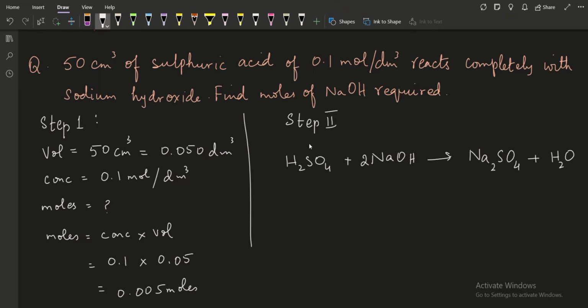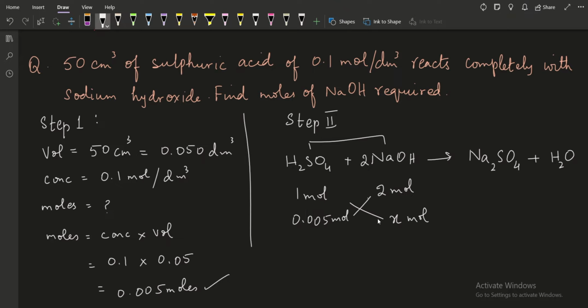And we have to see the mole ratio between sulfuric acid and sodium hydroxide. According to this equation, 1 mole of sulfuric acid reacts with 2 moles of sodium hydroxide. But we have calculated the moles for sulfuric acid, which is 0.005 moles. If we have this many moles of sulfuric acid, how many moles of sodium hydroxide will be required?